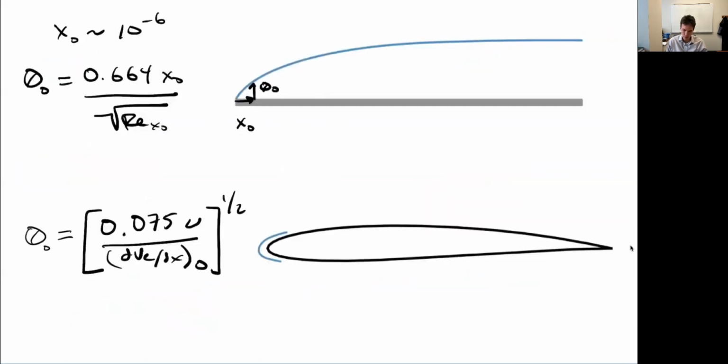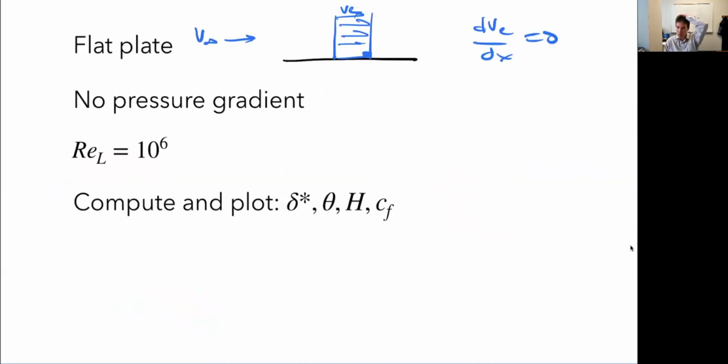In fact, even the more general case can be, but I would encourage you to do it numerically for a few reasons. For one, we're going to eventually do this on an airfoil, in which case you can't do it analytically, right? We've got this arbitrary velocity distribution. You have to do a numerical solution. You still actually could do the ODE analytically, but you still have to numerically integrate. But we'll also then add on a turbulent boundary layer, which we can't do analytically.